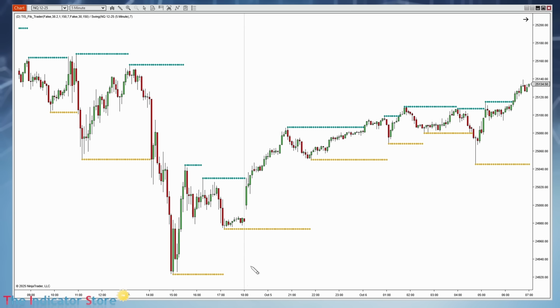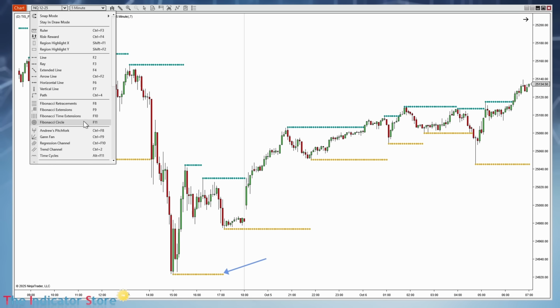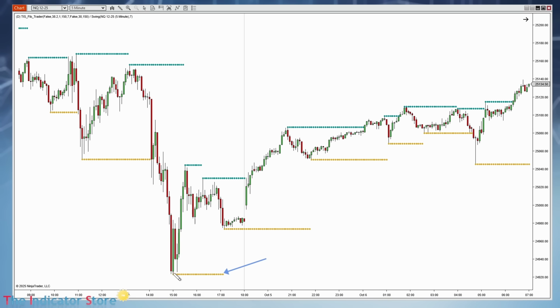Now that we have pivots, let's say that we are starting from this. Then we use the fib tool, looking at retracements. So we start drawing from the lowest low, and then we go high, and then on this pullback we have an entry on the 38.